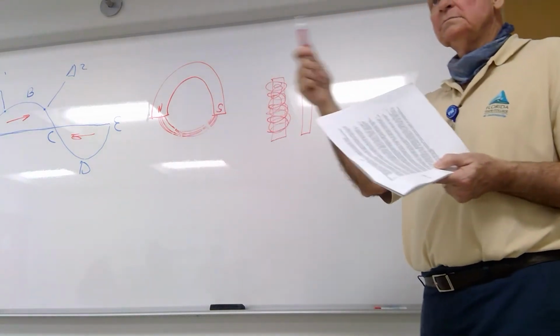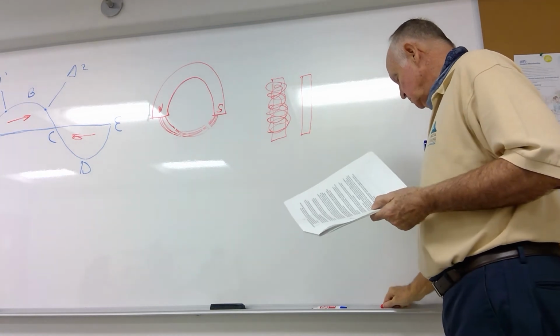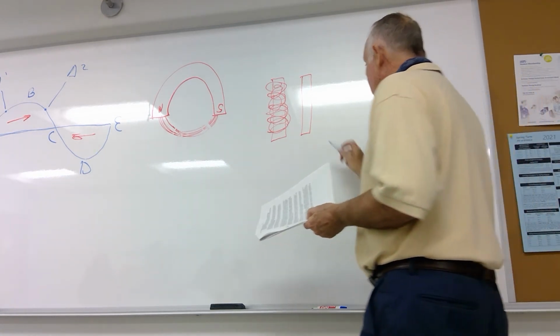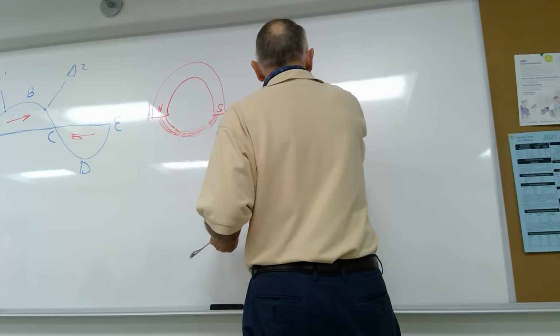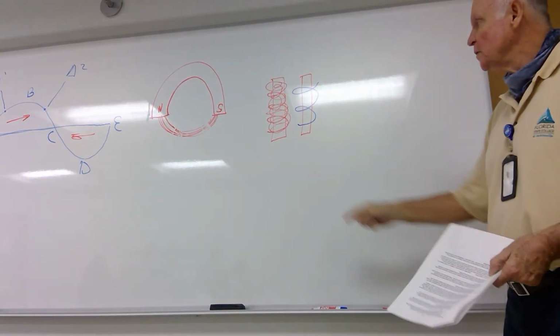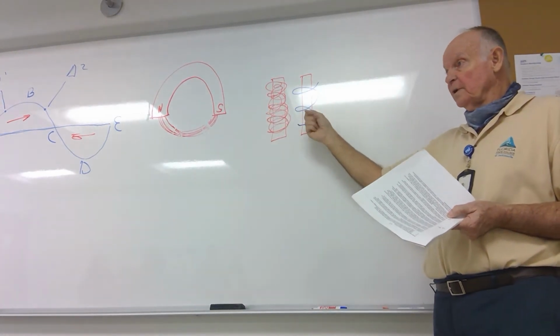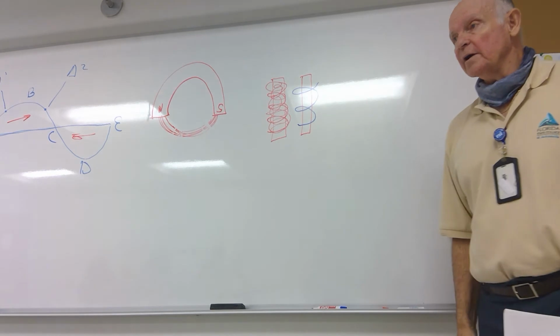A wire. Coil it around. Two iron bars, more coils on one than the other, okay? Primary, secondary.